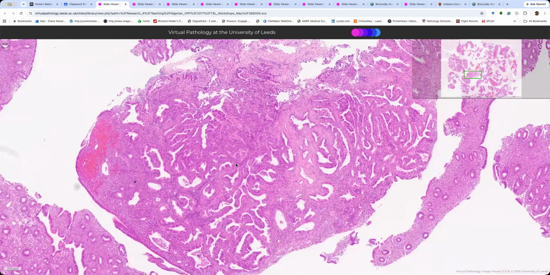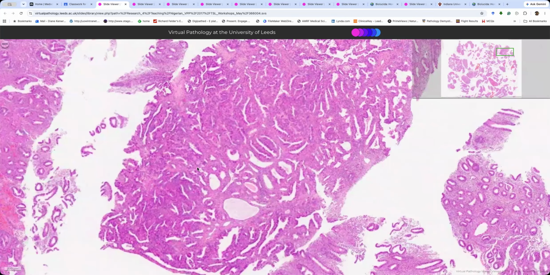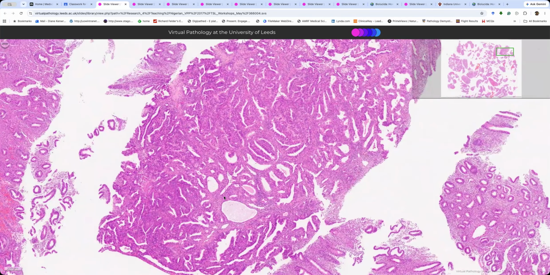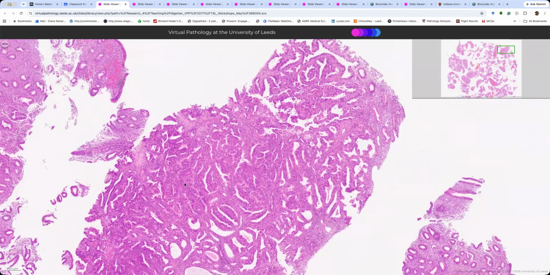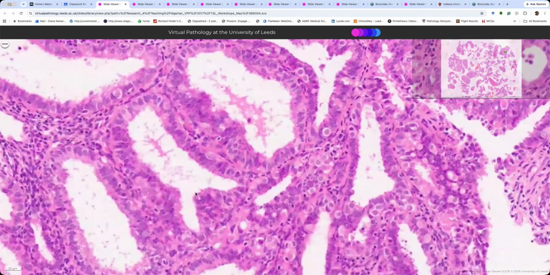Okay. Tell me what I'm going to diagnose this as. Here we go. We've got some more bits over here. We've got a bit here that's 0.5 millimeter. What am I going to say? We know it's really worrying because we've got these really complex glands.